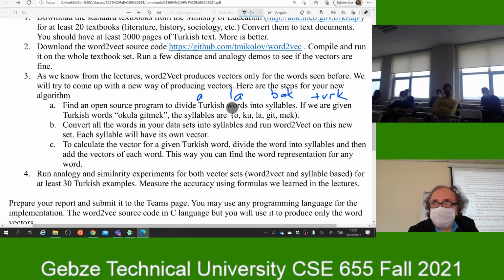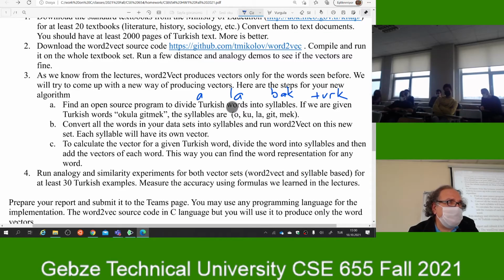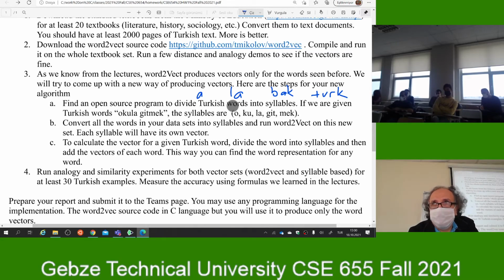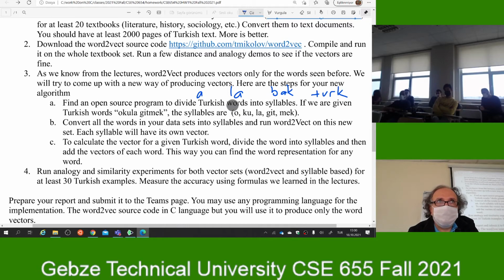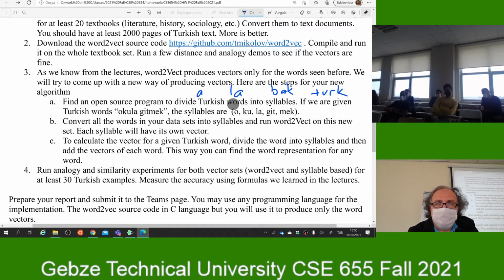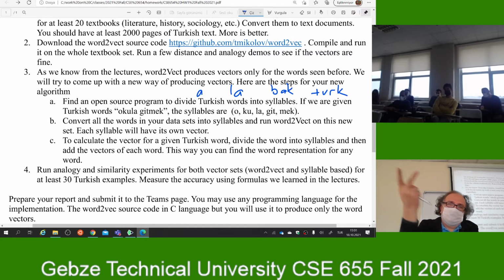How many letters in Turkish? 29. 29 minus 8 is 22. 8 times 22, but we also remove the yumuşati as well. So 8 times 29 times 2 because you can change the order.